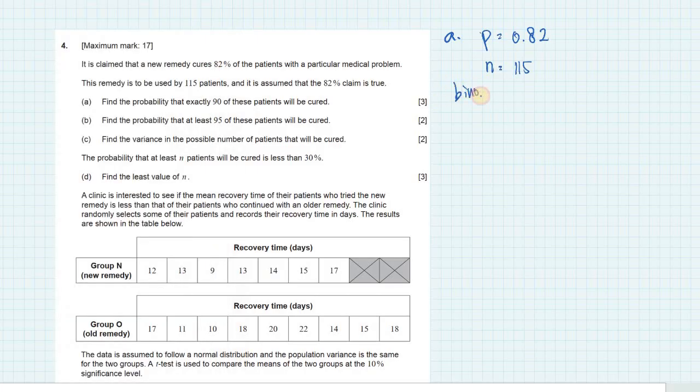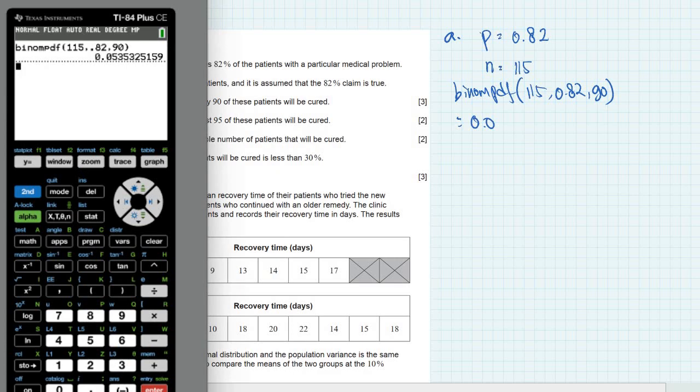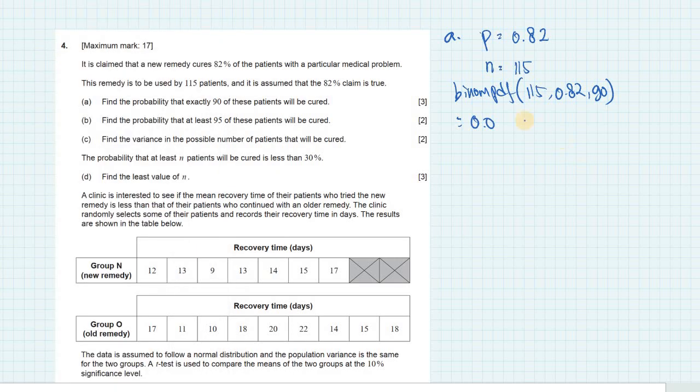So binom PDF, 115, 0.82, 90, which equals 0.0535 and so on, or approximately 0.0535. There you go, that will be the answer for question A.